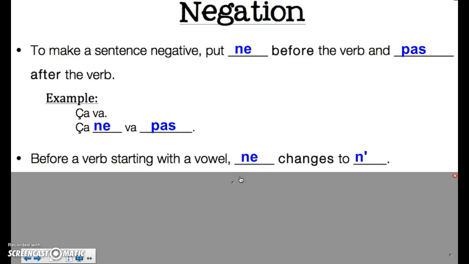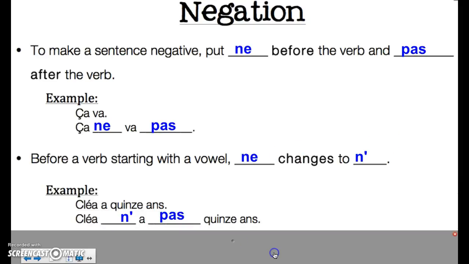So the only other thing you need to know is that before a verb that starts with a vowel, your ne is going to change to n apostrophe. And this is very similar to what you learned about with articles, how we would change the article before a noun starting with a vowel from being le or la to being l apostrophe. Same deal here. The French don't like having a hiccup sound.